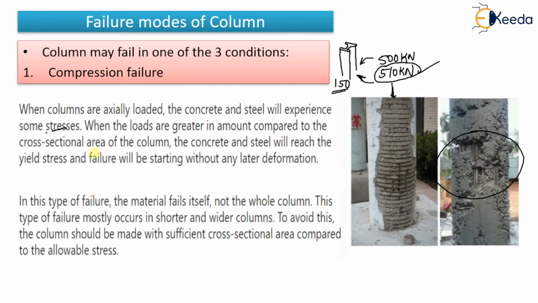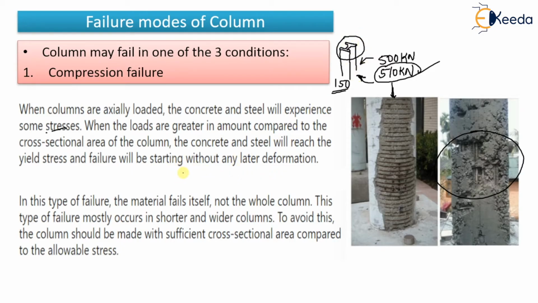So in this type of failure, the compression failure, the material will fail first and not the whole column, and this type of failure will mostly occur in shorter and wider columns, as I told you. To avoid this, columns should be made with sufficient cross-sectional area compared to the allowable stresses. So what is the possibility to avoid this? You can increase the cross-sectional area.